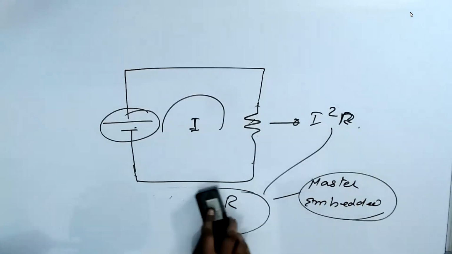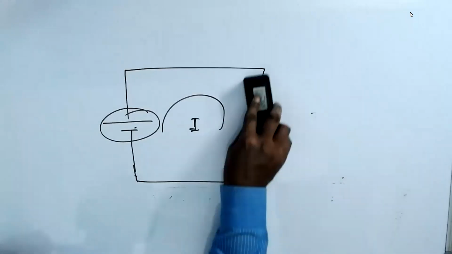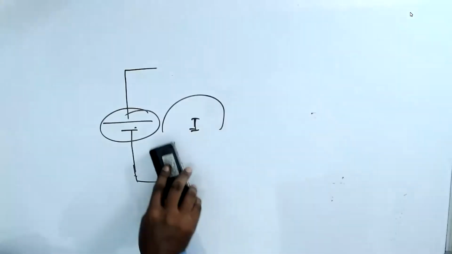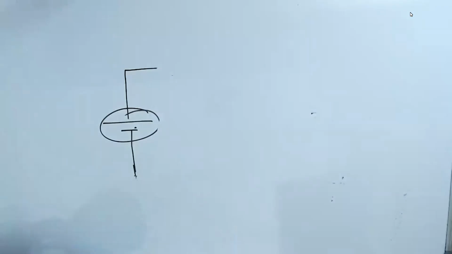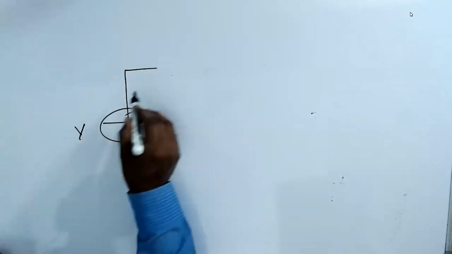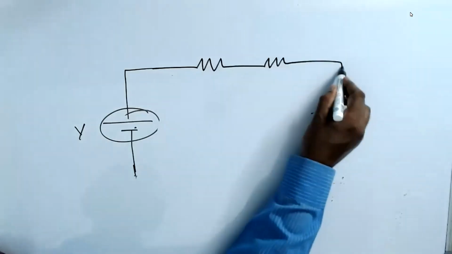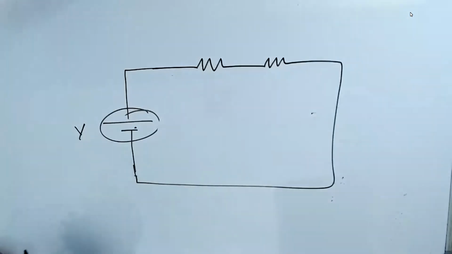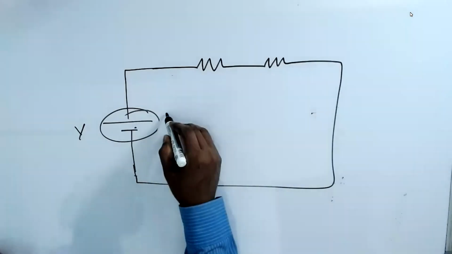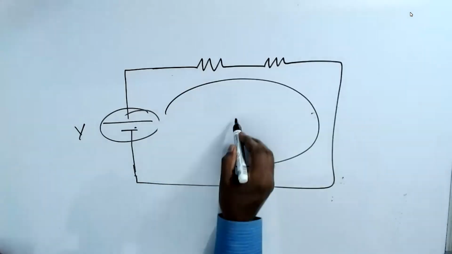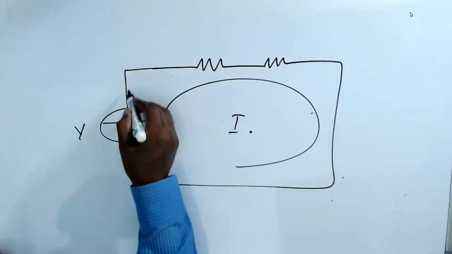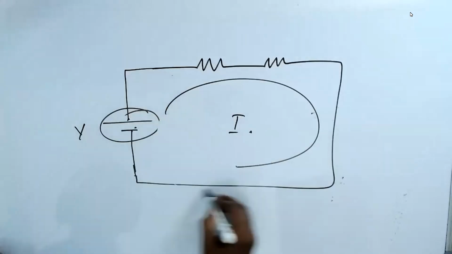Now we are going to do a small extra thing. I connect a voltage, and now I connect two resistors in series. When I connect two resistors, the current flowing through is common, because the electron starts from here and moves up to here.